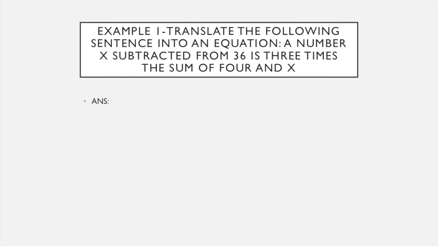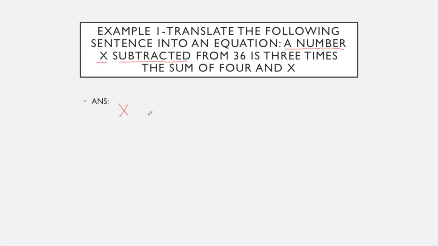we remember we did one like this, where we're asked to translate a sentence into an equation. So this is how we started our chapter off, and we should feel pretty confident in how to solve these. So a number, x, just a variable. Subtracted signifies an operation. Which one is that?